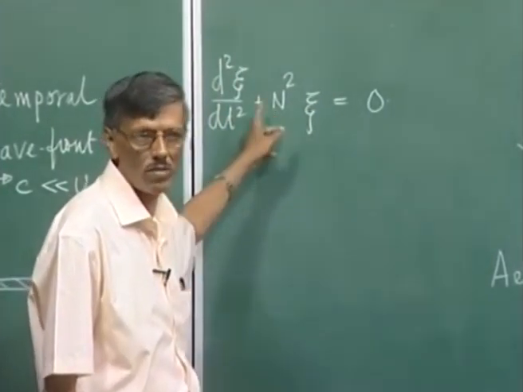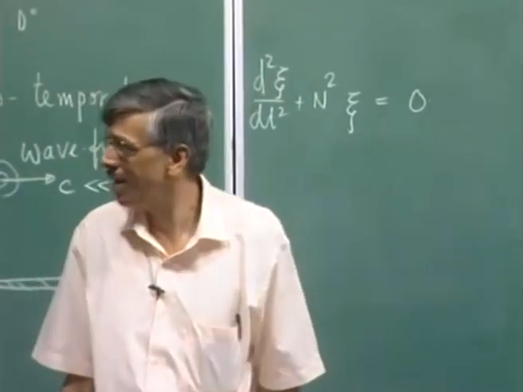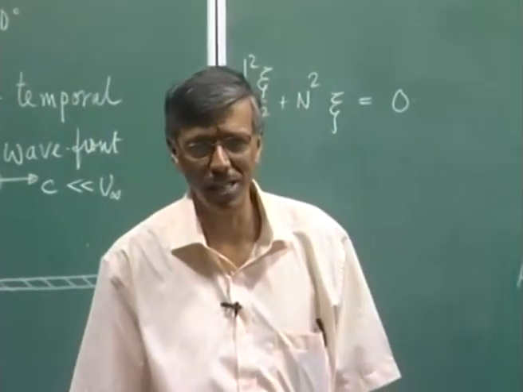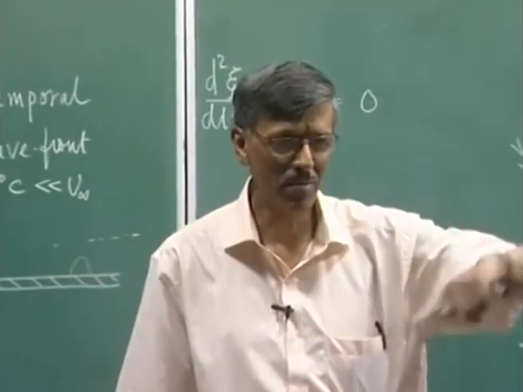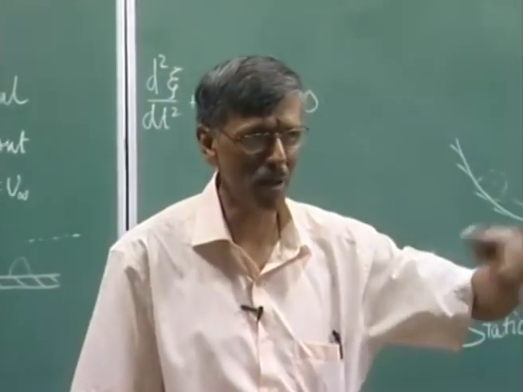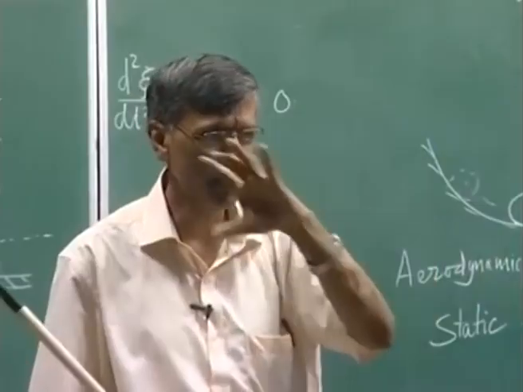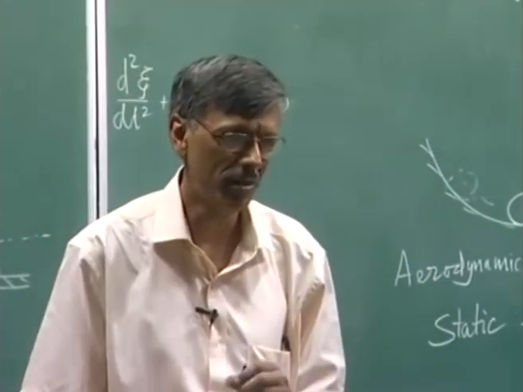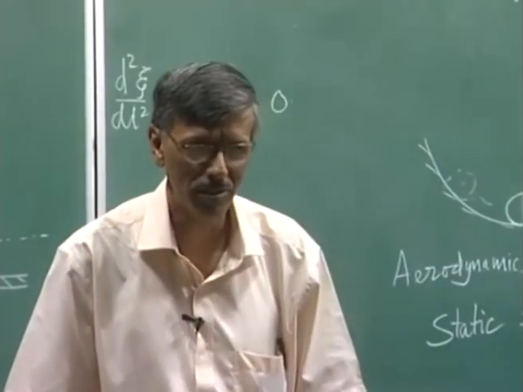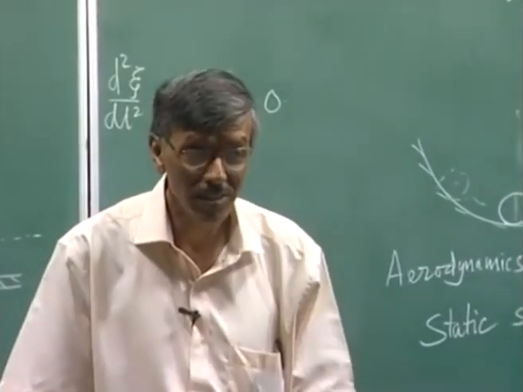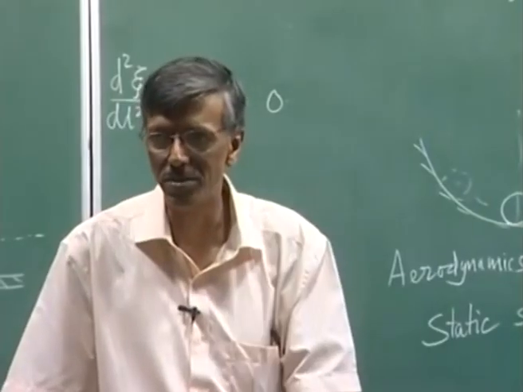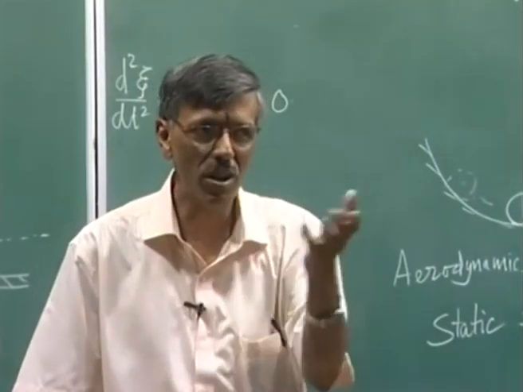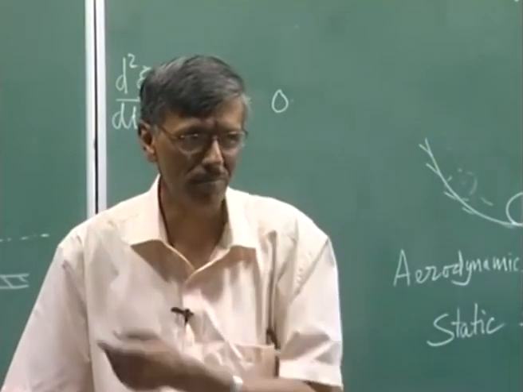What kind of motion will that be? It will have the same amplitude. So amplitude does not change with time, it will be either sine or cosine, or a combination of the two. So what kind of stability are we talking about if the amplitude does not grow? The ξ is the displacement, the disturbance. So the displacement does not change with time, it remains the same.